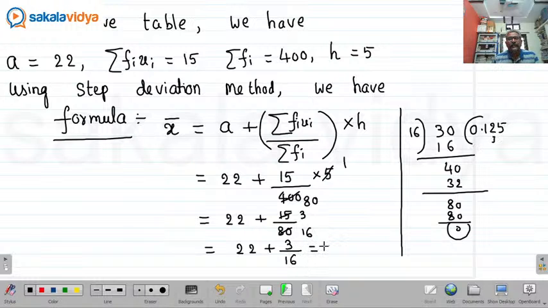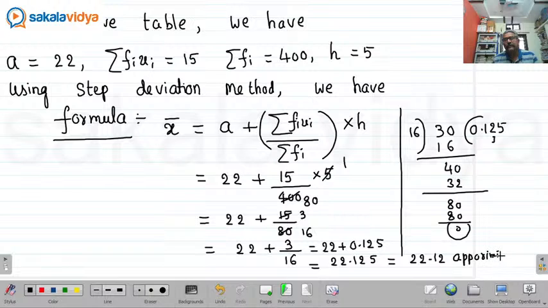That means 22 plus 0.125 is 22.125. If you want to round off the last digit, 22.12 approximately. So this is the answer.